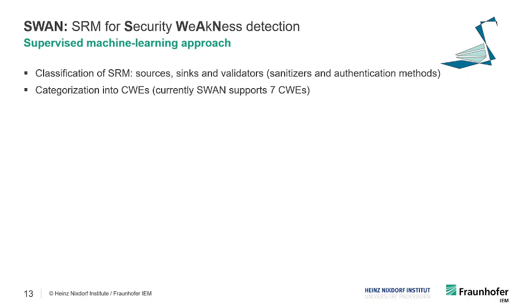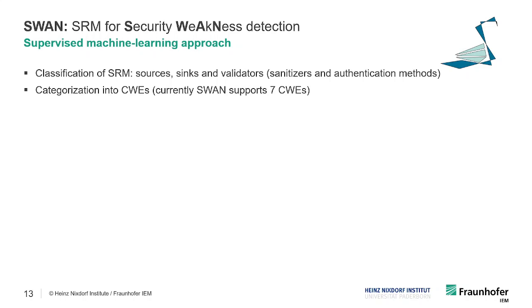In the group of validators, SWAN supports classification into sanitizers and authentication methods. Additionally, for each SRM, SWAN is able to classify the method into CWEs, or a specific security vulnerability type. Currently, SWAN has support for 7 different CWEs.